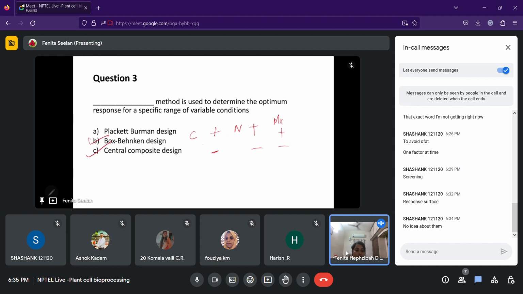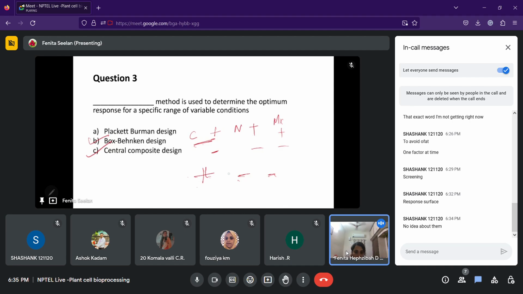Positively impacting your design in the sense, say for example, the design which has a plus sign of carbon and minus sign of nitrogen and minus of micronutrients is giving you better growth, which means nitrate and micronutrients are negatively impacting the growth of your cells.